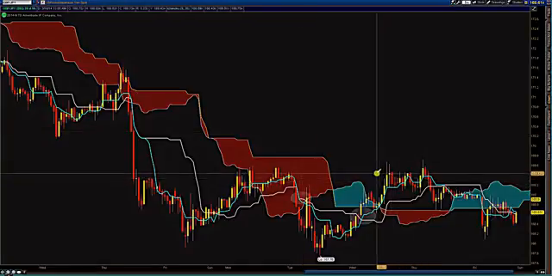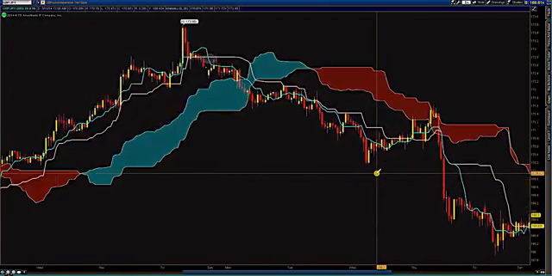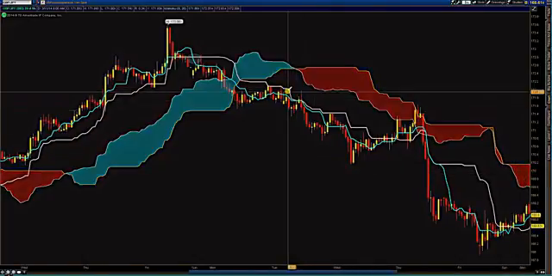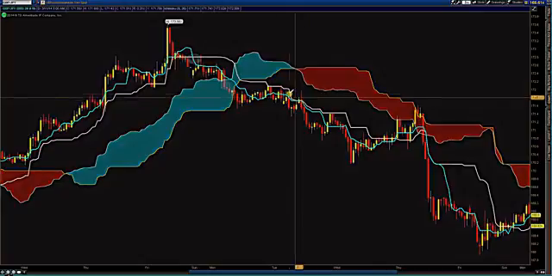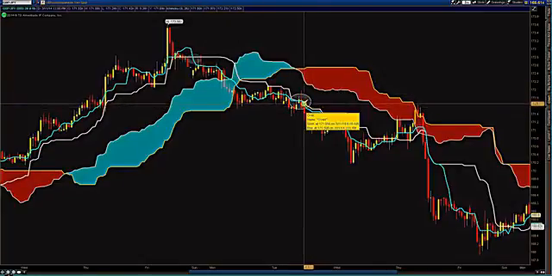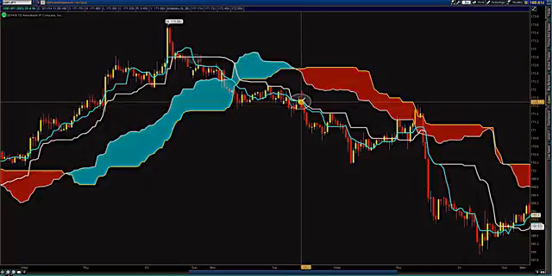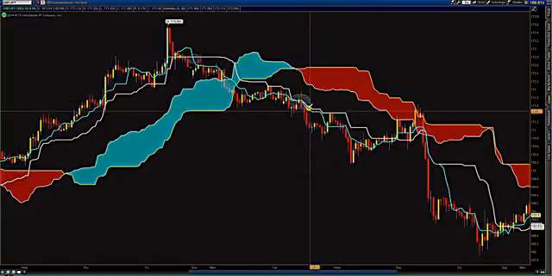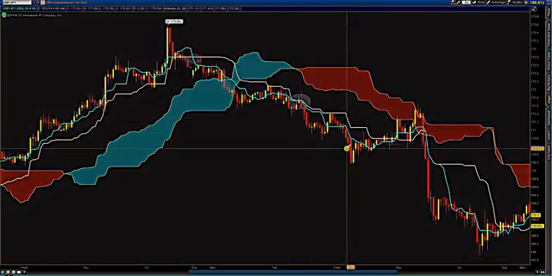And a strong cross is when, in this case we have it right here, the Tenkan-sen crosses below the Kijun-sen below the cloud. So we have a bearish cross in a bearish territory. That's a strong indicator. And in this case it worked out well too.